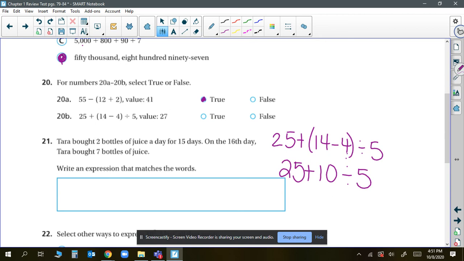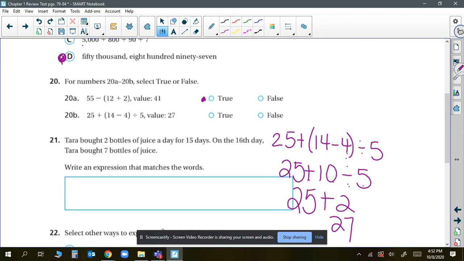Okay, remember PEMDAS. Please excuse my dear Aunt Sally. You have division. We need to do that before we do addition. So we're going to put 25 plus, and 10 divided by 5 is going to give us 2. 25 plus 2 is going to give us 27. So they have a value of 27. So that one's actually true also.